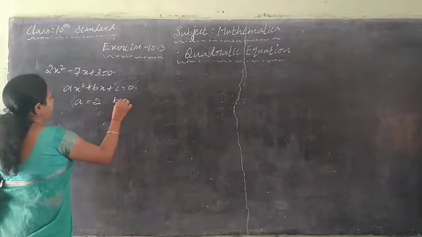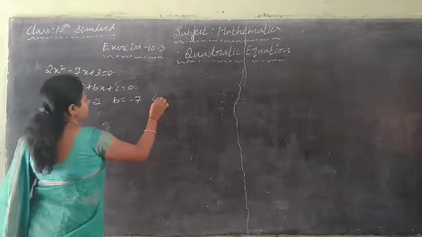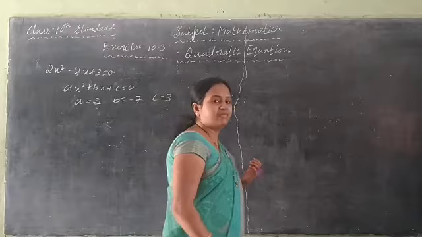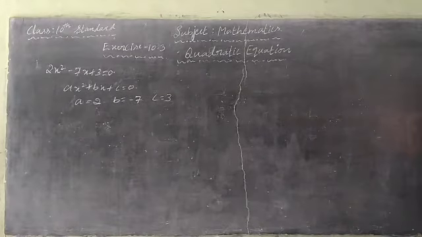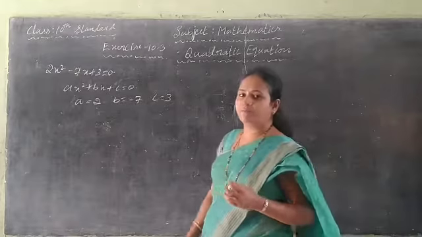In the same way, the value of b is minus 7 and c is 3. Right. So first we have to write the values of a, b and c, children. Got it. The value of a is 2, b is minus 7 and c is 3.